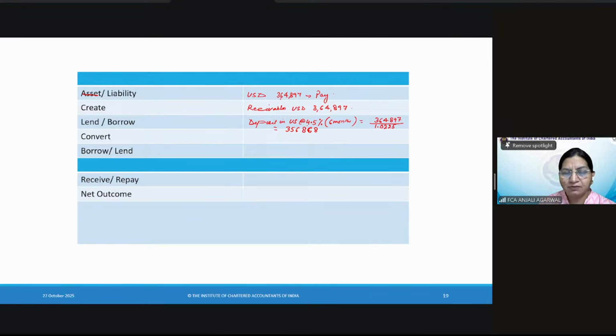Now, I am a person who's in UK. So this is not my home currency. And I don't have $356,868 now. I have some pounds maybe, but that also I don't have. I will borrow. So $356,868 you need.